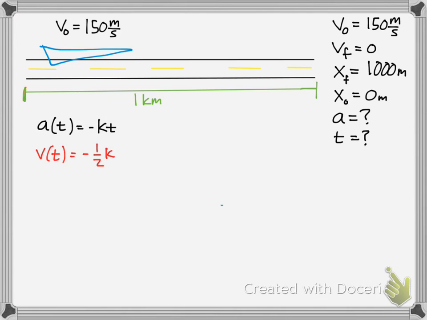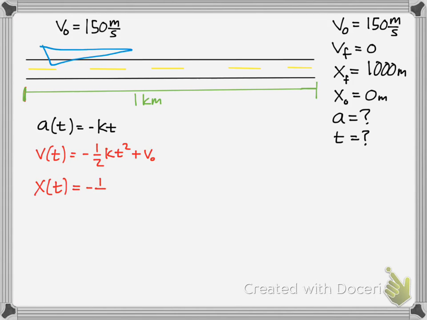The antiderivative of negative kt would be negative 1/2 kt squared, right? You raise it to a power and divide by that power. And then you also have to add your plus c, but in this case for physics, it's your initial velocity. Then we do the same thing with position. Take the antiderivative again: if you raise t to a power greater than 1, more than 2, you would get 3, so t cubed.